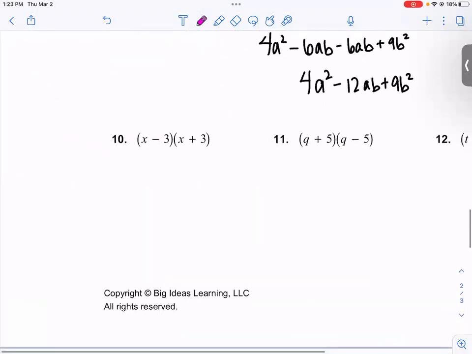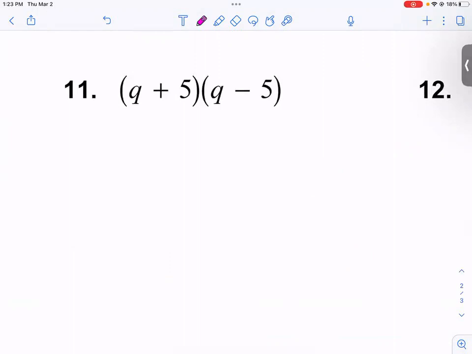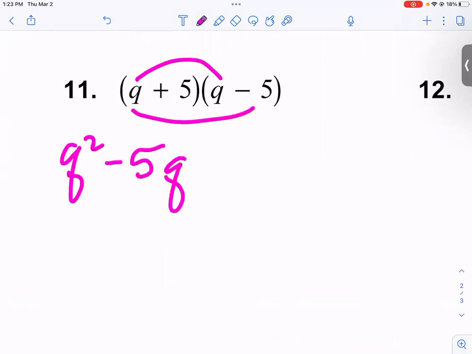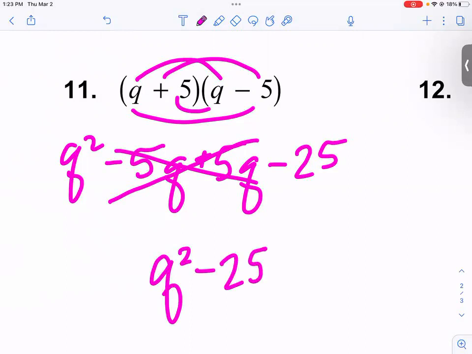Okay. All right. So let's go over here and let's look at number 11. Do you notice how in number 11, we have the same thing, but one has addition and one has subtraction? So when we do our FOILing, our middle terms should cancel out and we are left with the difference, that's subtraction, of two squared terms.